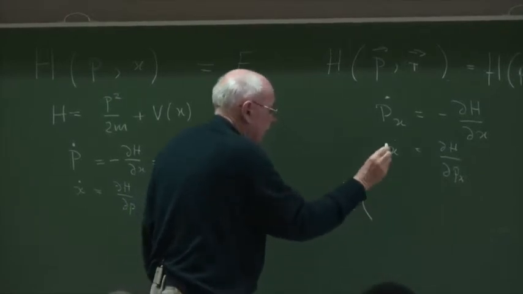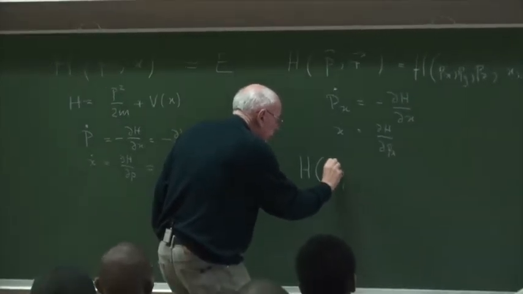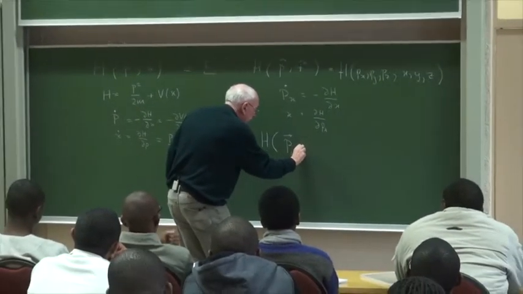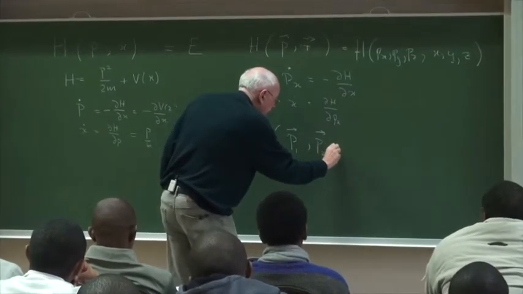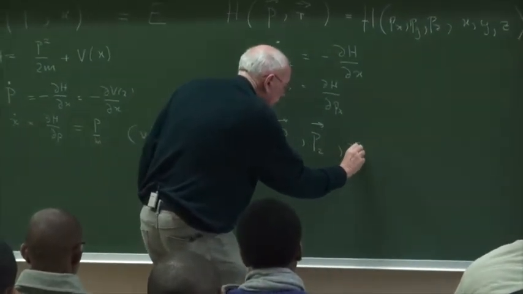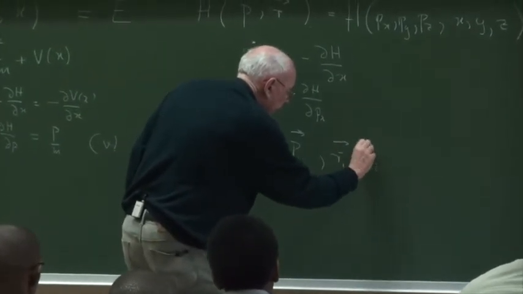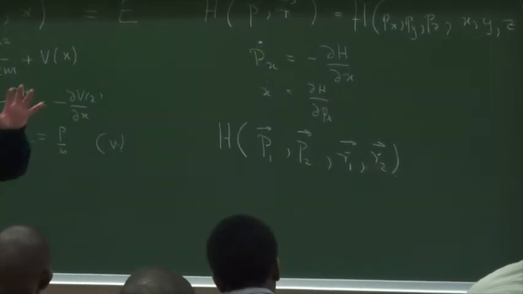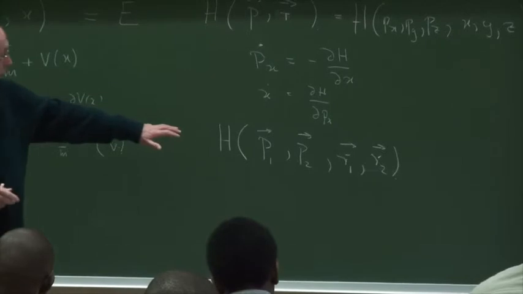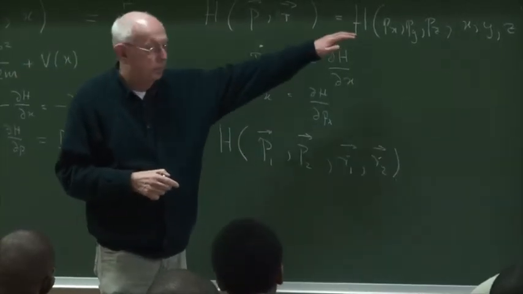H now becomes a function of the momentum of the first particle and the momentum of the second particle and the position of the first particle and the position of the second particle. So it is a function of now not of 6 things, but of 12 things.